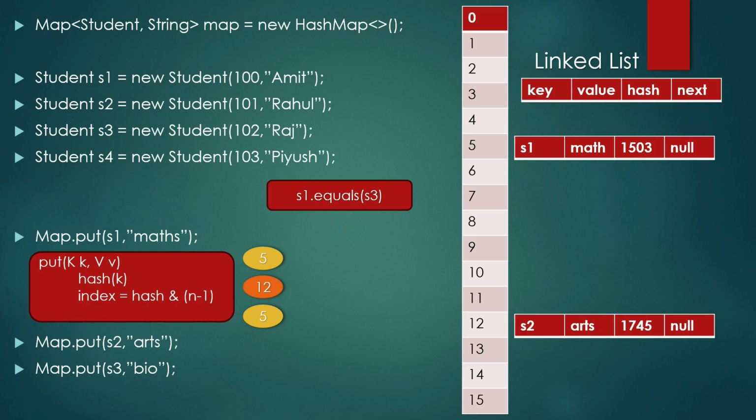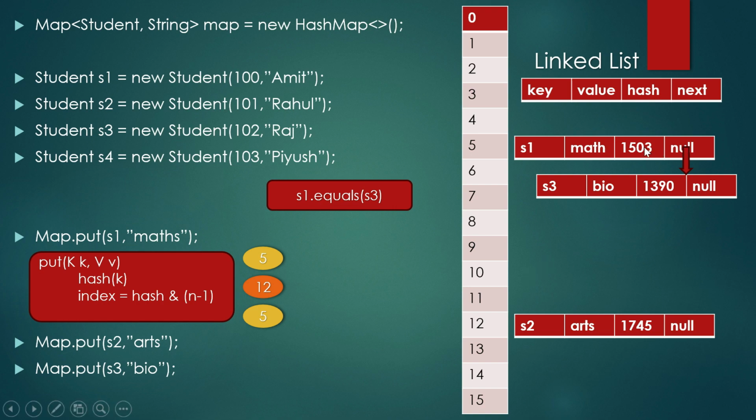If it is not equal to S3, then it will create a new node here, and the next element of the fifth index will point to S3 here. Okay, and we can say that there is a hash collision here. So whenever the same index is found for two different keys, the process is called hash collision.